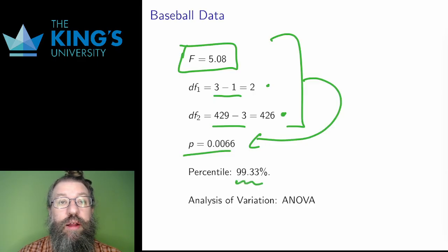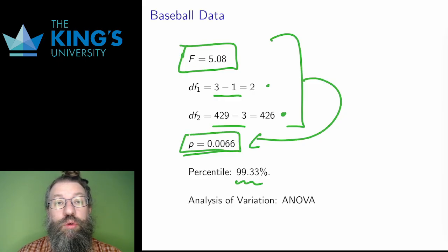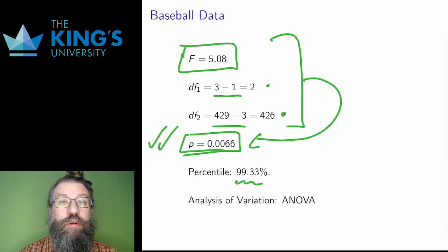As a percentile, this means that 99.33% of the possible randomly generated F statistics are below this value. Under the null hypothesis, there is only a 0.33% chance of producing the sample statistic of my data. With the usual thresholds of significance, I conclude that this is significant, and I reject the null hypothesis.